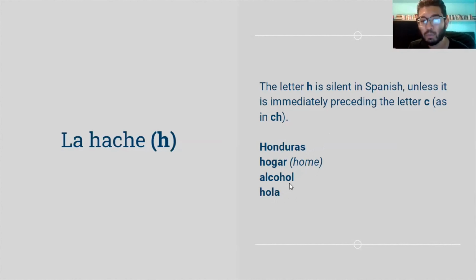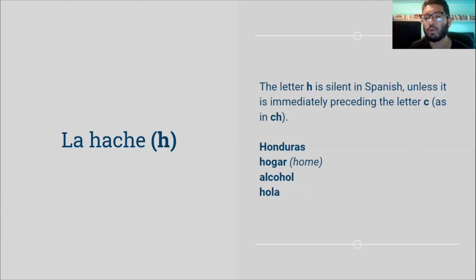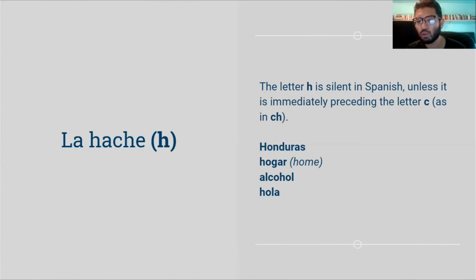We spell the letter H in the word, of course, but we do not pronounce it because it is a silent letter in the language. Alcohol, another example of a word that is spelled exactly the same as in English, but with a very different pronunciation. In this case, alcohol is pronounced differently from the English. In alcohol, we keep the H silent, and therefore we only have three syllables, al-co-ol.